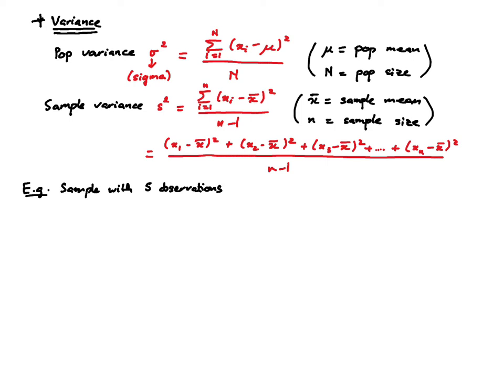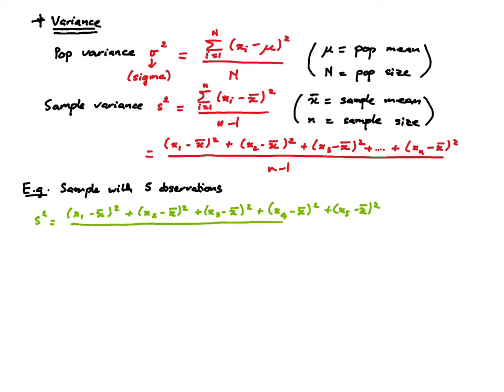Then to calculate the sample variance, you're going to have x1 minus x bar all square plus x2 minus x bar all square plus x3 minus x bar all square plus x4 minus x bar all square plus x5 minus x bar all square, divided by n minus 1, which is 5 minus 1.